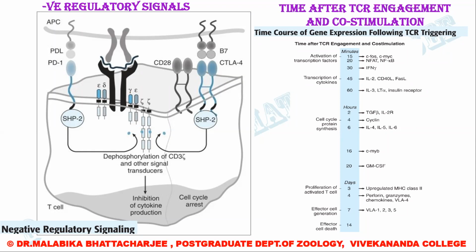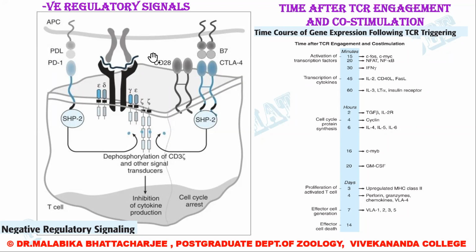And as we just read, inflammatory cytokines result in the expression of the PD ligand on the dendritic cells.